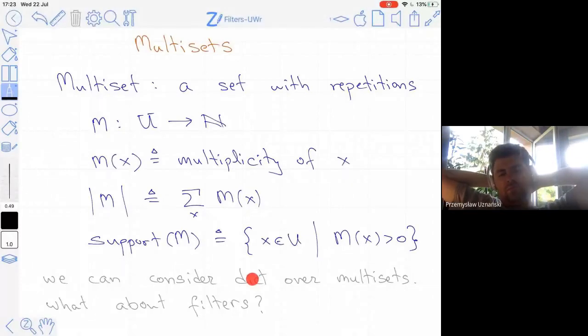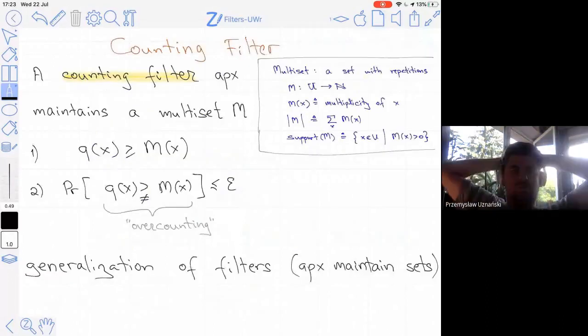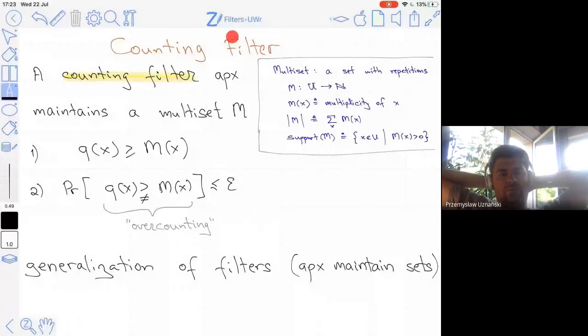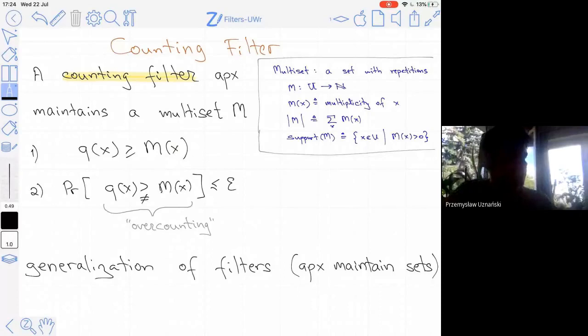But what happens in filters? What does it mean to have a filter that maintains a multiset? Well, that in fact is called in the literature a counting filter. A counting filter approximately maintains a multiset in the following sense: when you do a query, it returns an answer which is not smaller than the actual multiplicity, and it will not be equal to the actual multiplicity, what is called overcounting, with a probability which is bounded by epsilon.